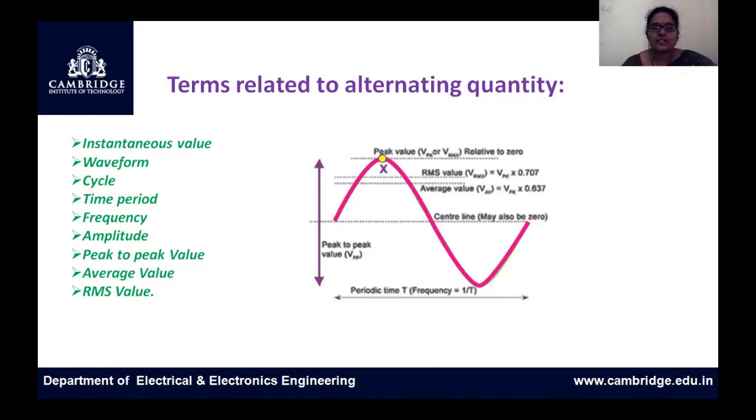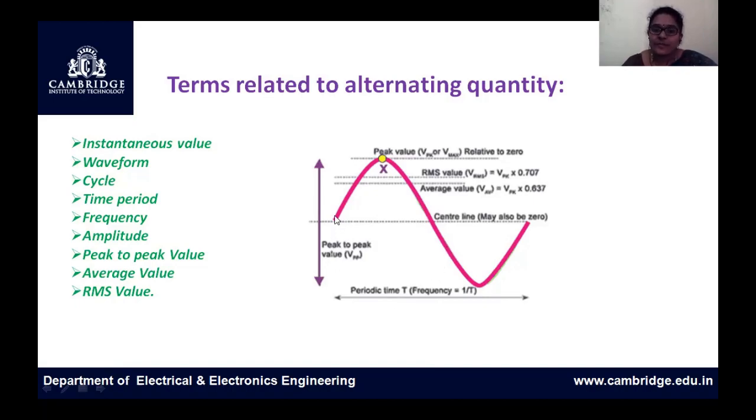Next, coming to cycle. What is meant by a cycle? One positive half wave and one negative half wave together complete one cycle. So one cycle of a sinusoidal wave contains a positive half cycle and a negative half cycle. Next, the time period is the time taken by the alternating quantity to complete one cycle.